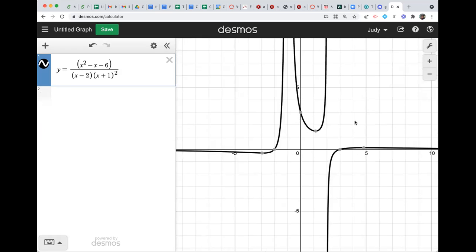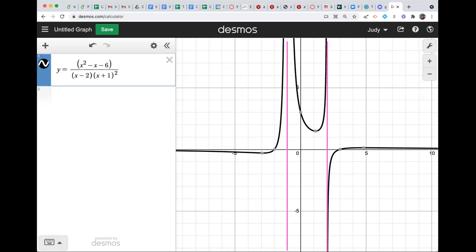If we think about the vertical asymptotes that are happening here, we have one here, and we have another one here, right? And I think we would agree that the function does not cross the vertical. They get really close to the pink vertical asymptotes, but they don't actually cross them.